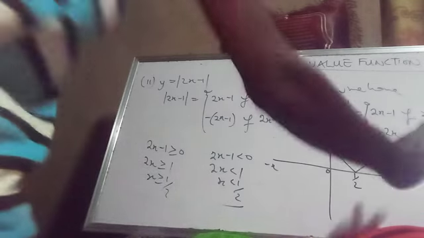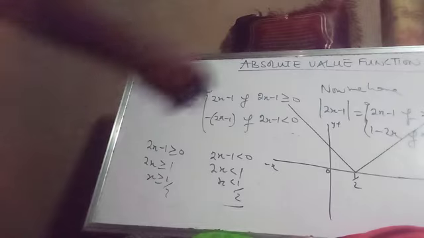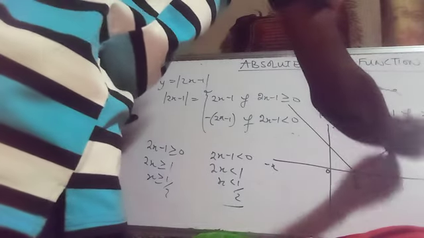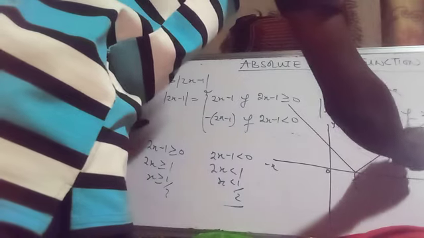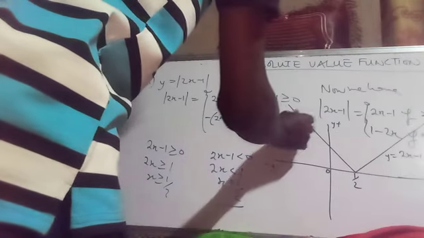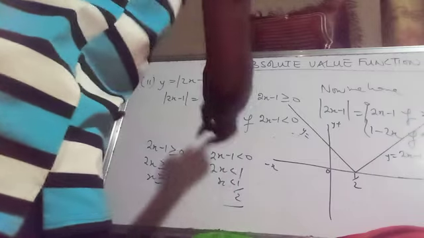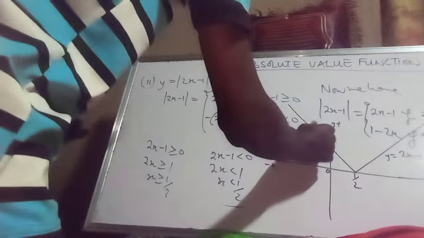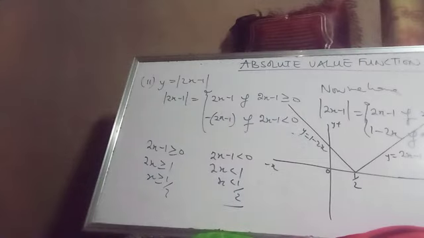So it converges there. So you can now say the graph. This one is what? y is 2x minus 1. This is y is minus, so y is equal to, what do you have there? Okay, 1 minus 2x.